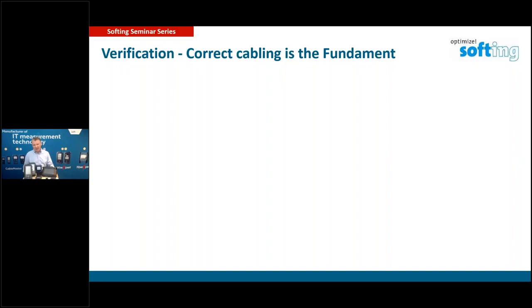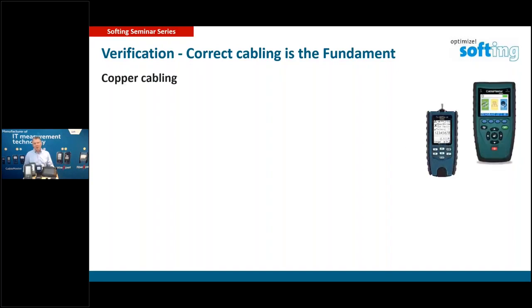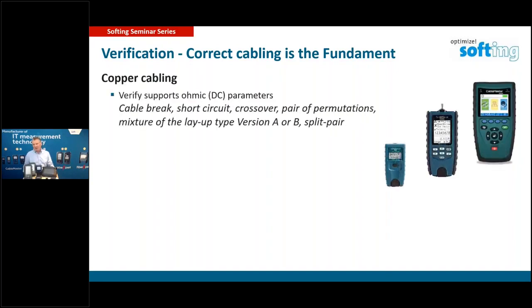How does the test look? These verification devices like the Cable Master are based on DC parameters. That means they can check if you have a cable break, short circuit, crossover, and so on.